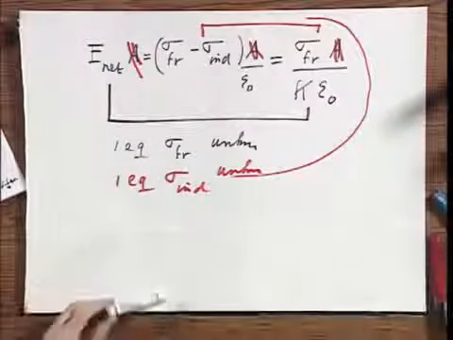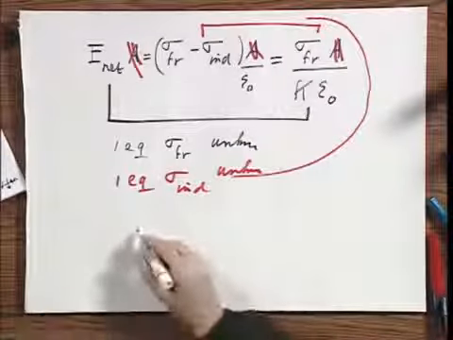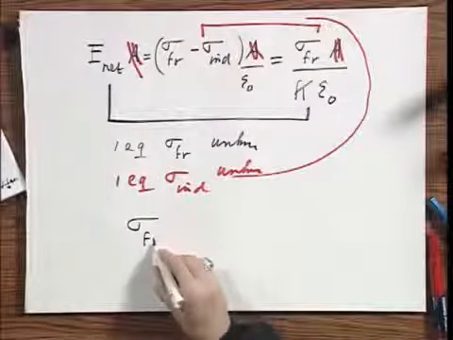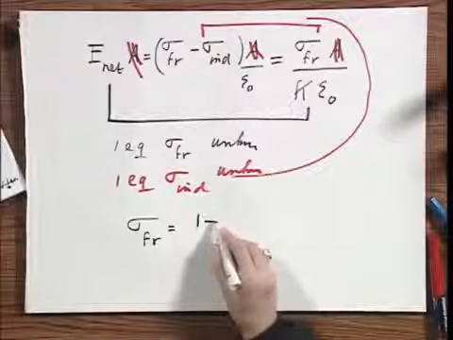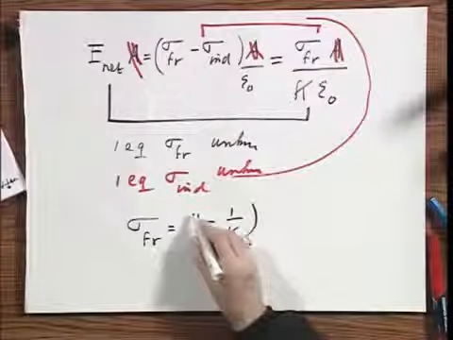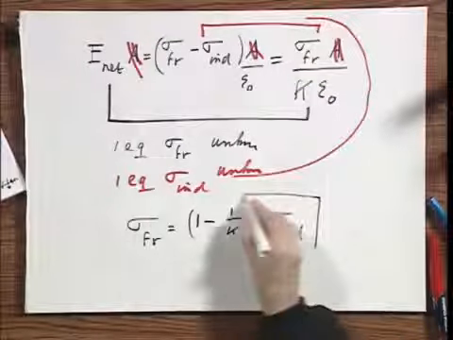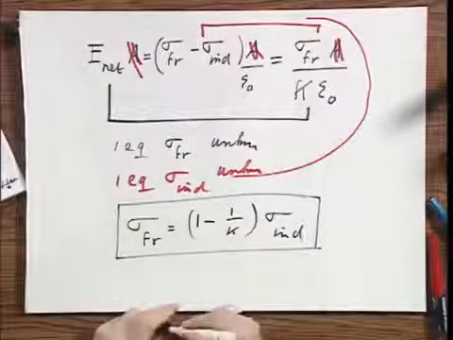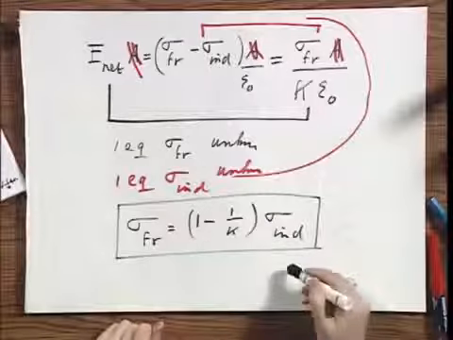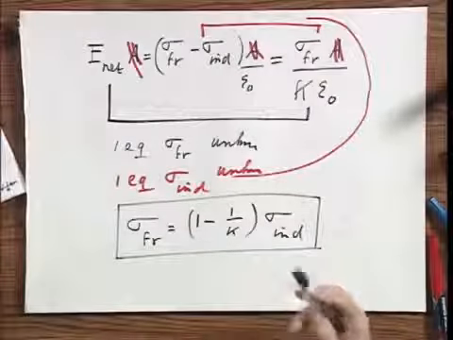If you want to combine them in a clever way, it's easy to prove that sigma free equals 1 minus 1 over K times sigma induced. Don't try to remember that, but that's what will follow from these results. So due to the dielectric, the net electric field is reduced.